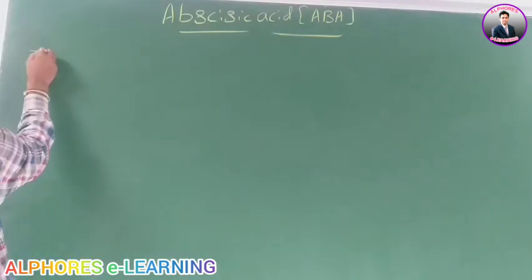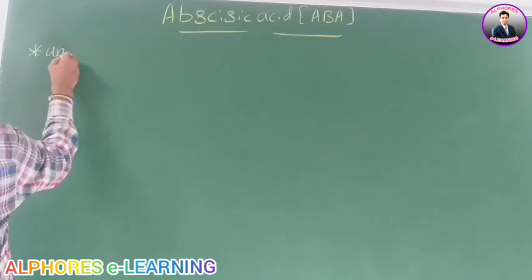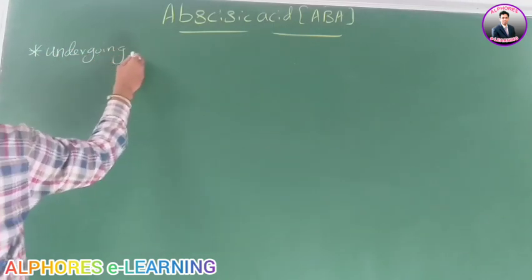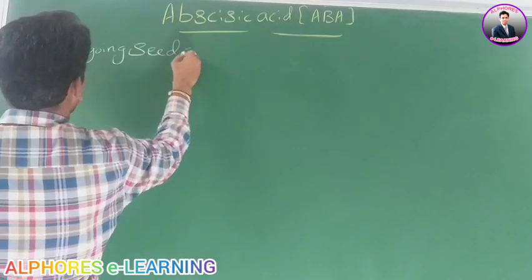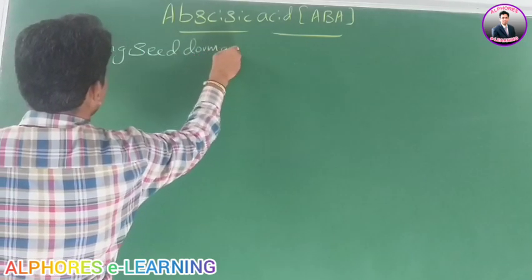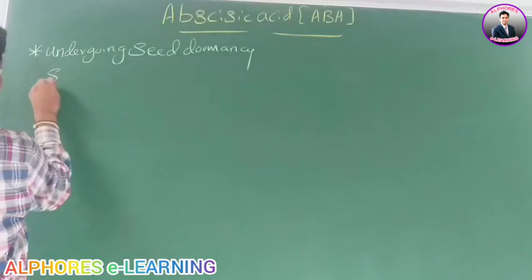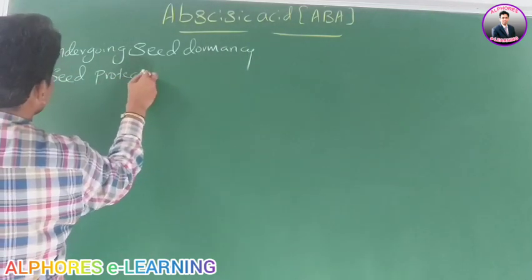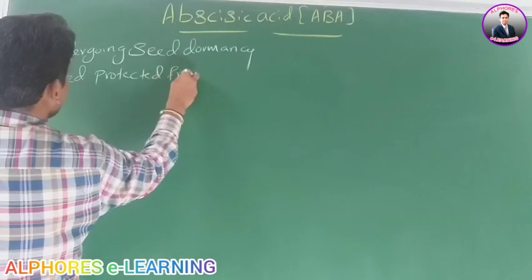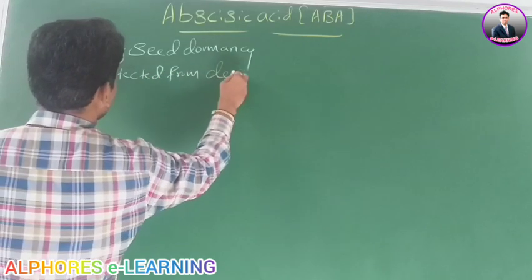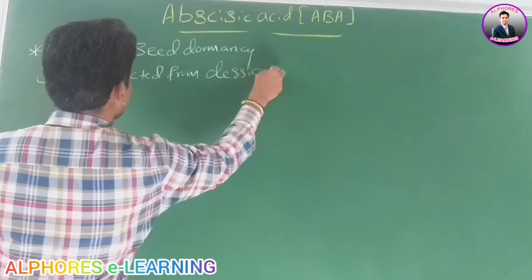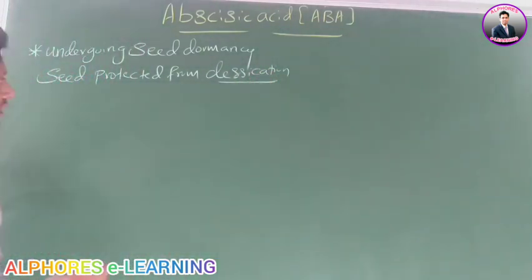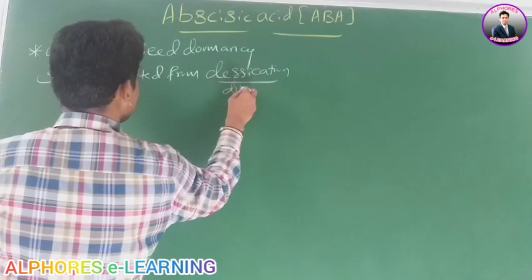Therefore, by undergoing seed dormancy, the seed is protected from what, sir? Desiccation. What is the meaning of desiccation? Desiccation means drying.